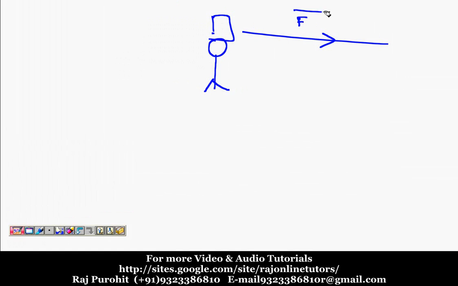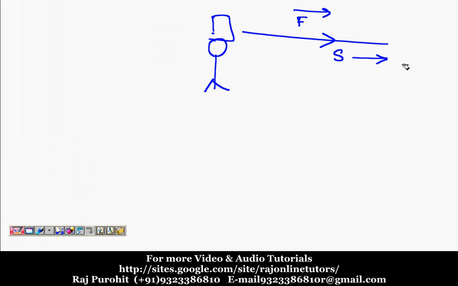Suppose this is the coolie. Now the load is over here. Now he is walking like this, in this direction. What is the direction in which the coolie is applying the force? This is the direction. What is the direction in which displacement is taking place? This is the direction.